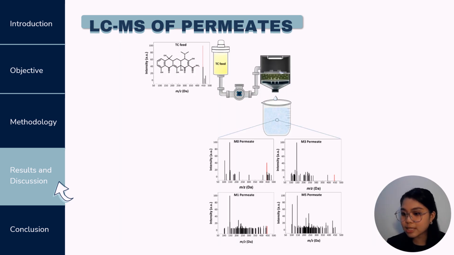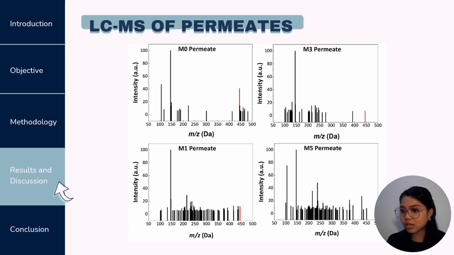Now moving on with the LC mass of the permeate, because of course we have to observe the presence of TC on the permeate. This is like the clean water sort of. So we can see here on a zoomed-in version of the permeate, there's a decreased peak for TC, the red one, because a huge chunk of it has already been separated by the membrane.